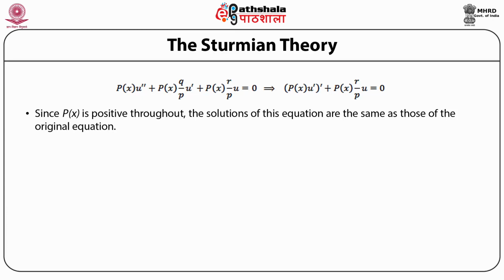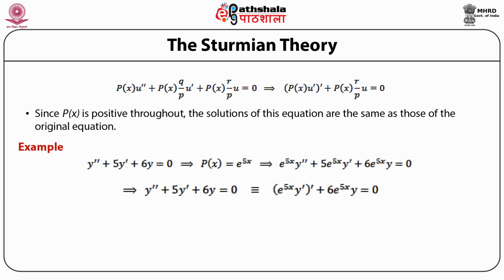Now let us consider an example represented by the equation y double prime plus 5y prime plus 6y is equal to 0.